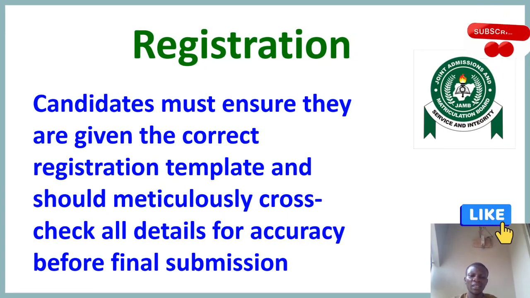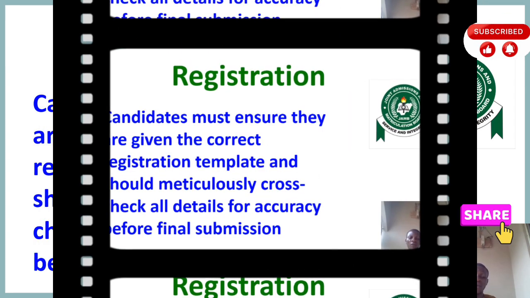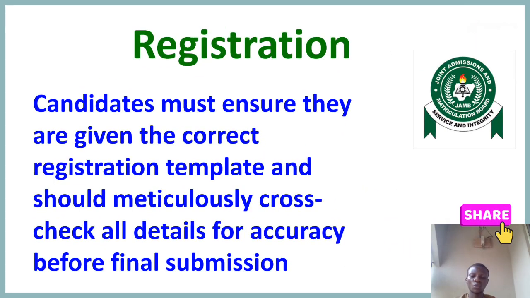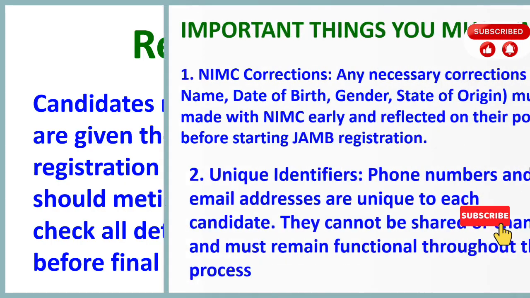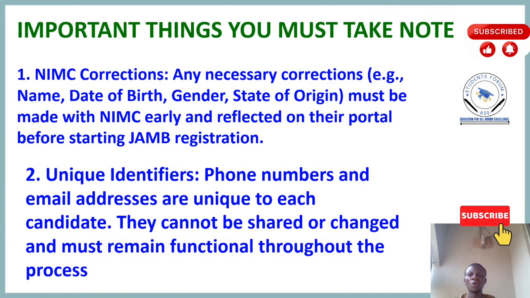Candidates must ensure they are given the correct registration template and should meticulously cross-check all details for accuracy before final submission. That means before final submission, you must ensure all your data are accurate. You must not leave any room for error, so that it will not affect you.